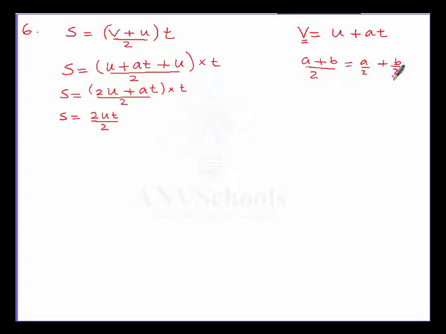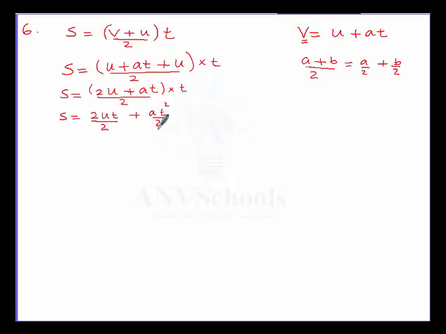This is from the property of fraction addition. Because they are like fractions, I will take one of the denominators and add the numerators. That's what I'm doing here. 2u multiplied by t is 2ut, over 2, plus at times t is at square, divided by 2.